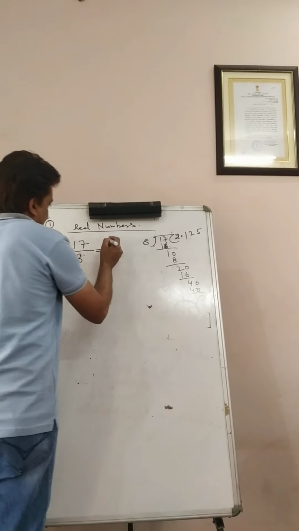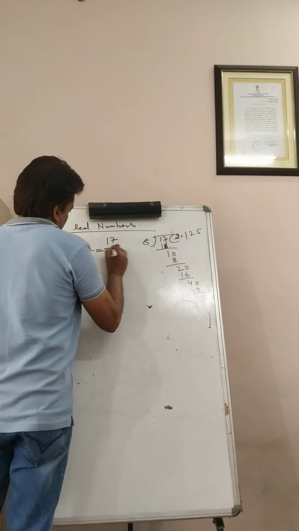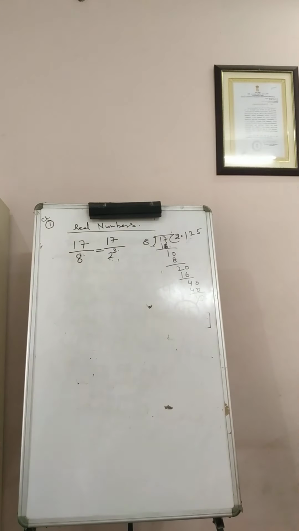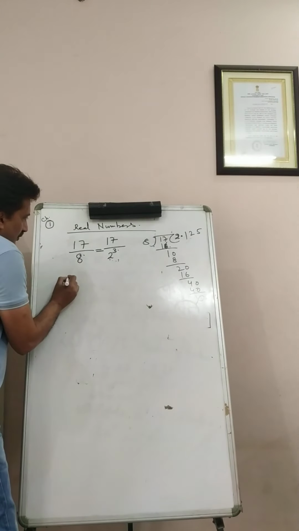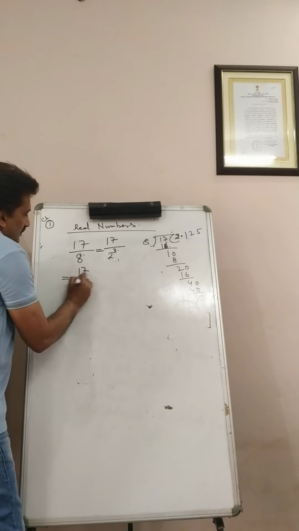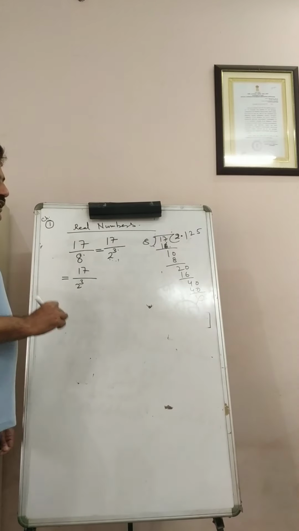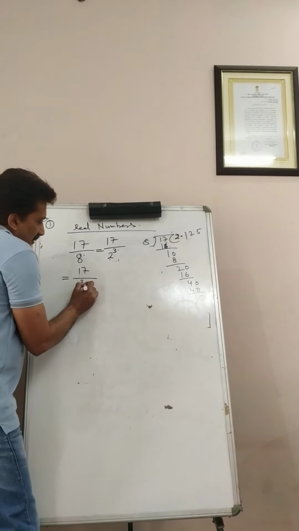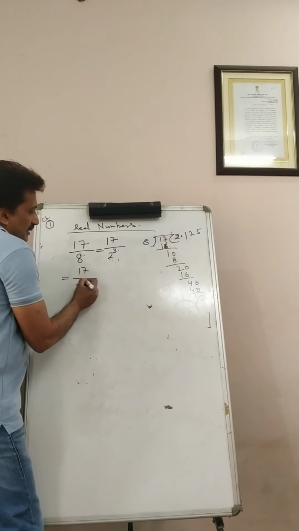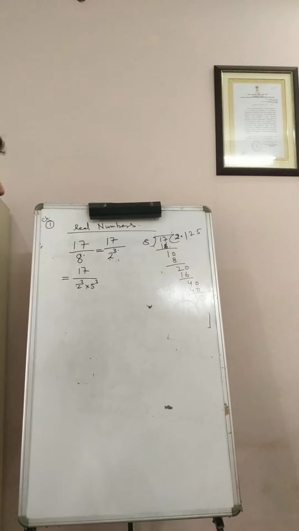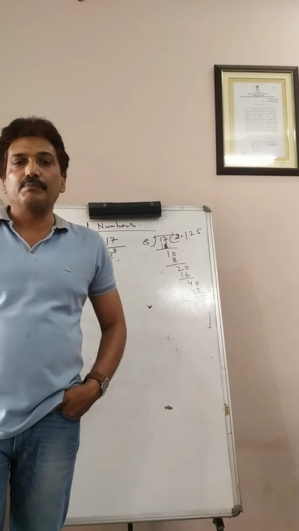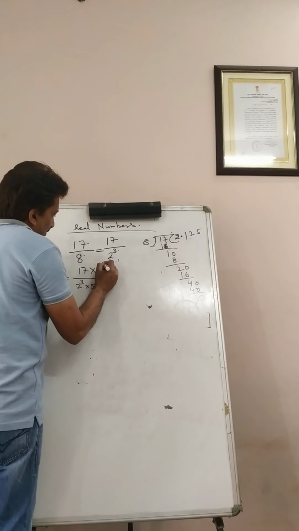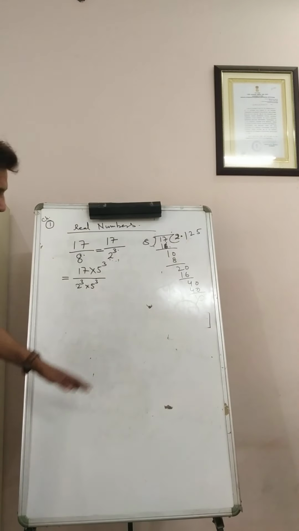How will you solve? First, convert this into exponential form: 17 over 2 raised to 3. Now try to make the denominator a factor of 10. So how will 2 become 10? Multiply it by 5, but the power should be the same. You have to multiply the number with a different base, but the exponent should be the same.